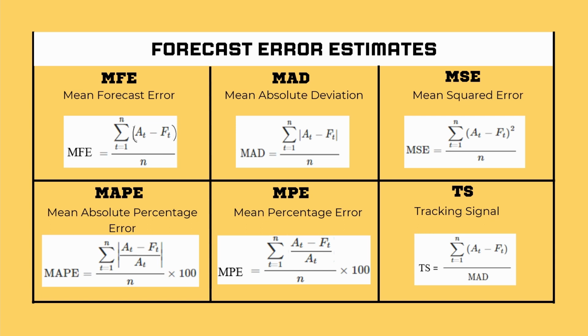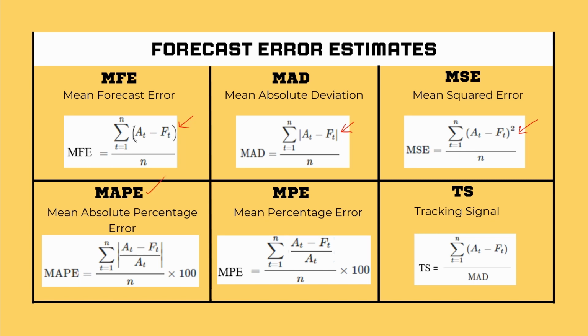Now looking at this formula, you can figure out how these will be calculated. For example, MFE is simply the average of the residuals, that is the AT minus FT terms. MAD is the average of the absolute values of the residuals. MSE is calculated by taking the average of the squared residuals, that means the square of the AT minus FT terms.